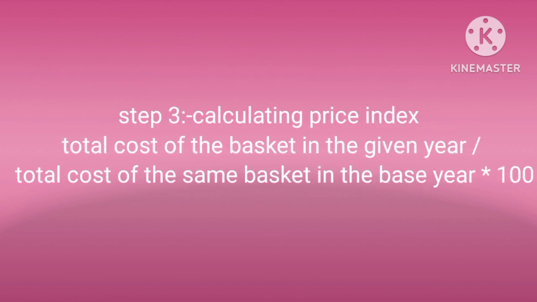The total cost of the basket in the given year divided by the total cost of the basket in the base year, into 100. We will get the price index.